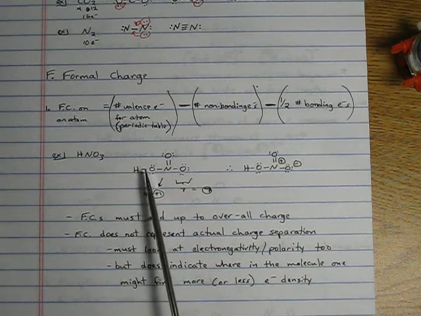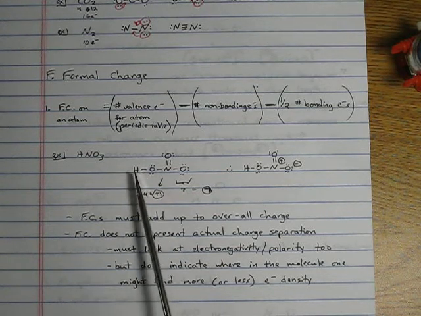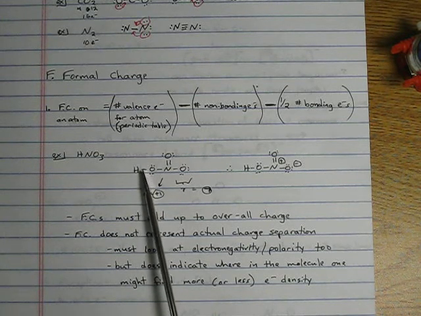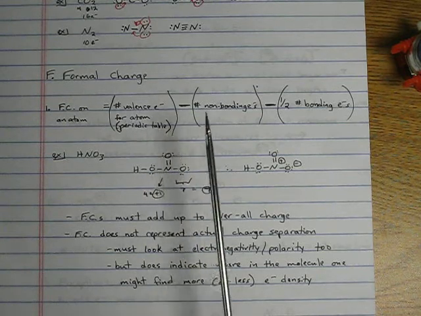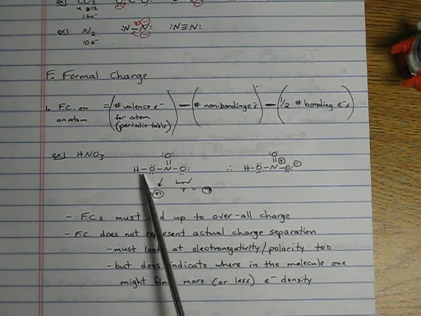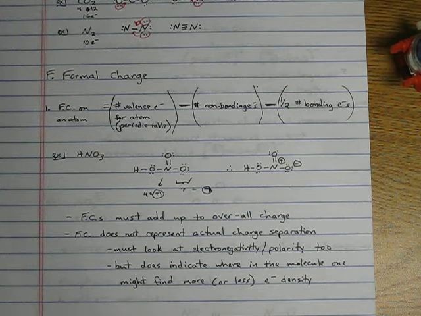We're not actually splitting it, but we're pretending that if we were to split that bond, 1 electron goes with hydrogen, 1 goes with this oxygen. So this hydrogen normally has 1 electron, and here's 1 electron from the bond. So 1 valence electron minus the 1 electron from the bond gives us 0. 1 minus 1 is 0. What we're saying is this hydrogen has no formal charge.